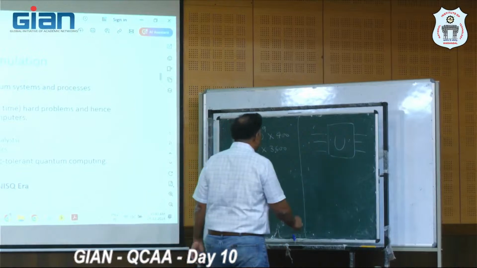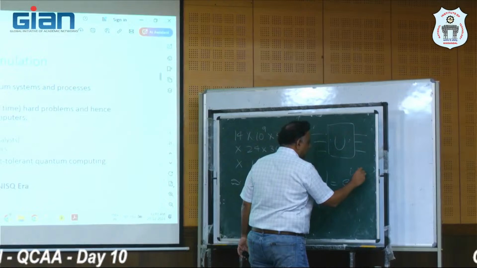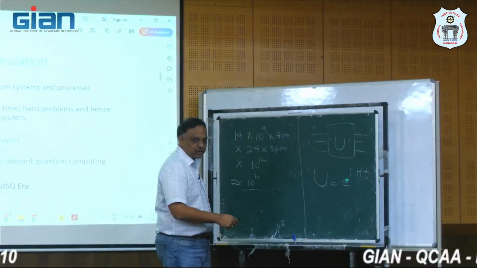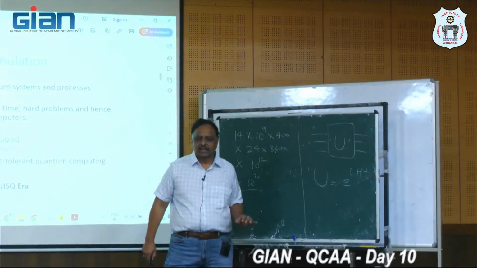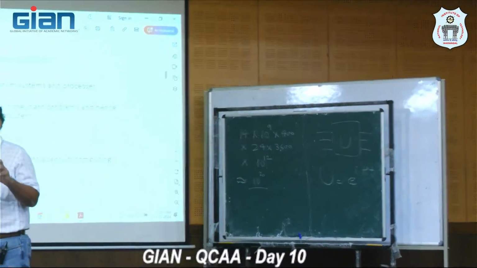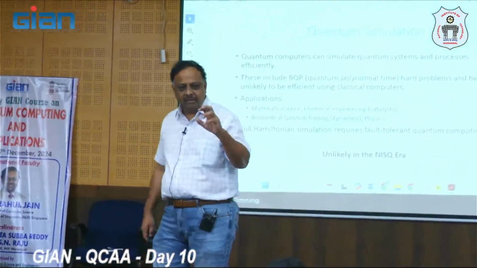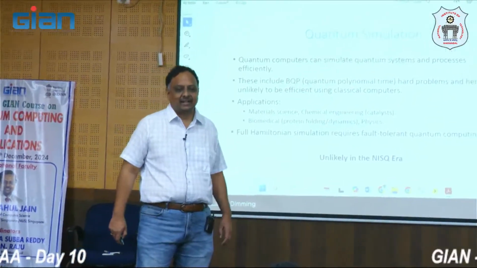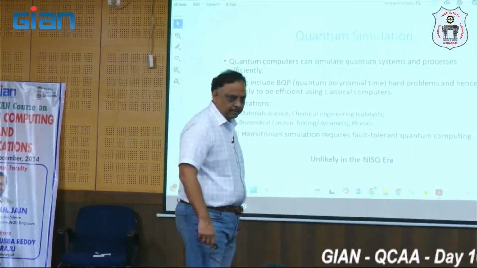So this unitary is actually associated with a Hamiltonian, another matrix H, and e to the iHt, where t represents the time. So basically the system evolves under that Hamiltonian H for time t, and the result is this unitary U, e to the iHt. Okay, get it?